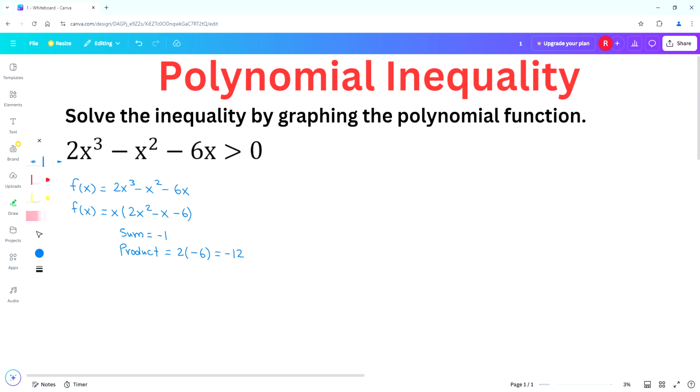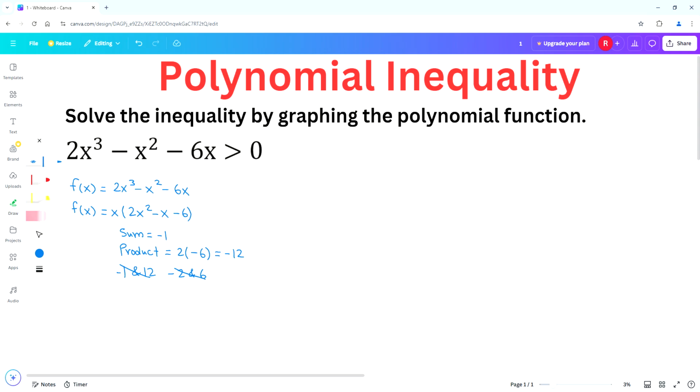The first pair that comes to my mind is -1 and 12, but we cannot get a sum of -1 from these two numbers, so this pair is out. Another pair that comes to my mind is -2 and 6, but we cannot get a sum of -1 from these two numbers, so this pair is out.